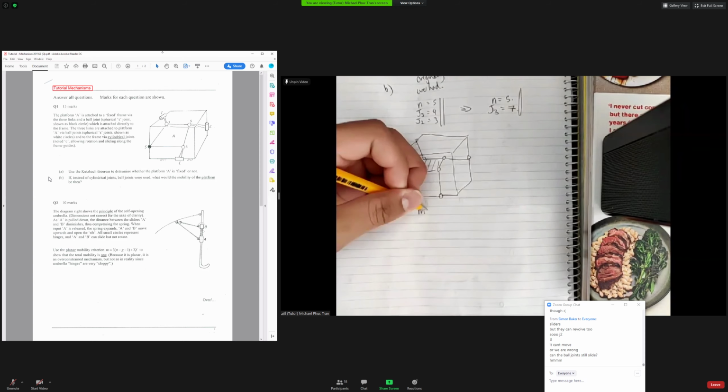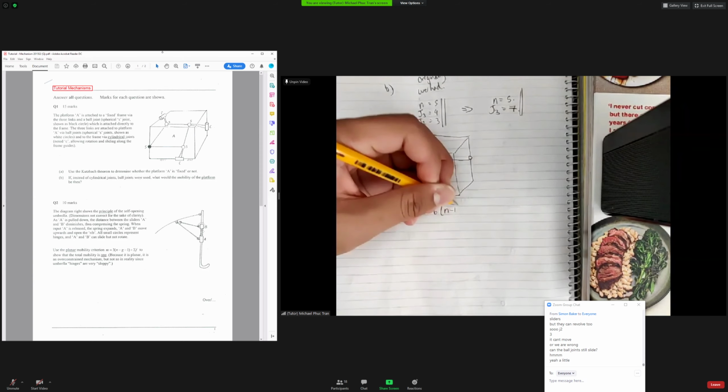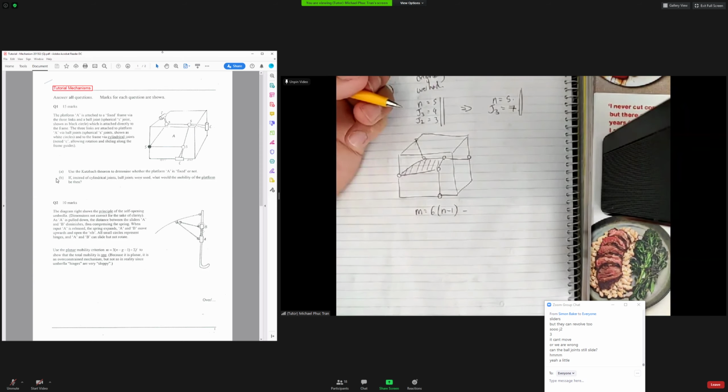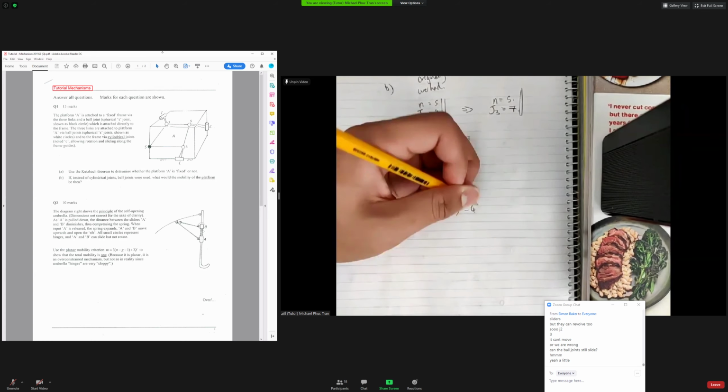So if we recalculate it, 6 times N minus 1 minus 4 times 7, I think.